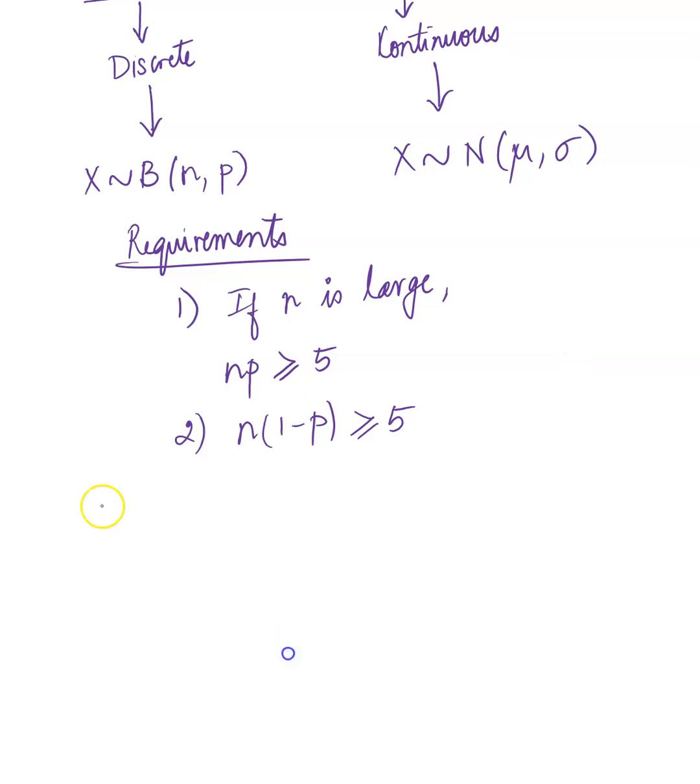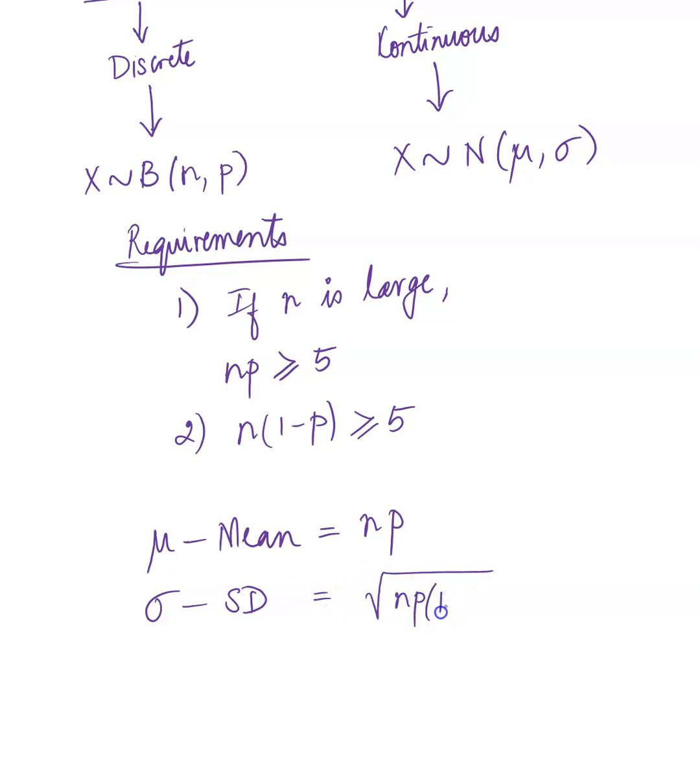All right, so the approximation requires that we follow these two conditions, and if these two conditions are met, then the conversion is that the mean will now be np. Isn't that neat? The mu is now connected with n and p, and the sigma, the standard deviation, is now written as the square root of np times 1 minus p, which is basically npq.